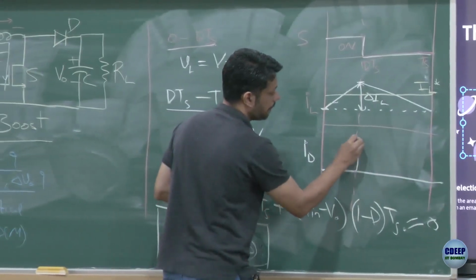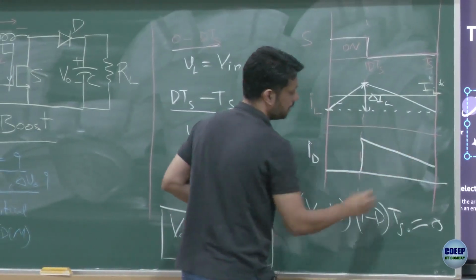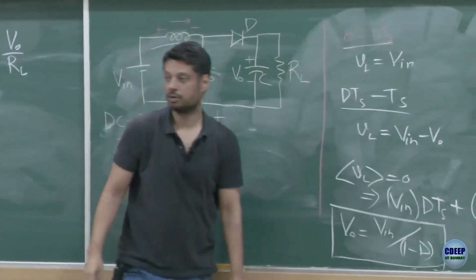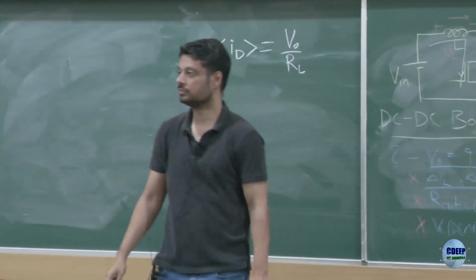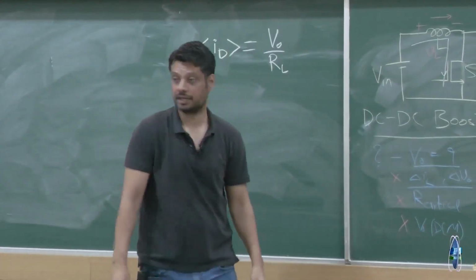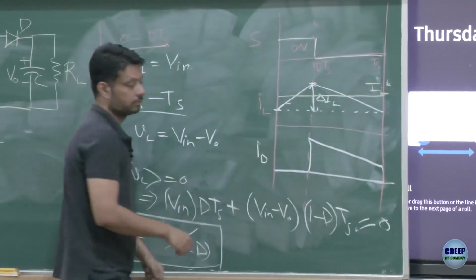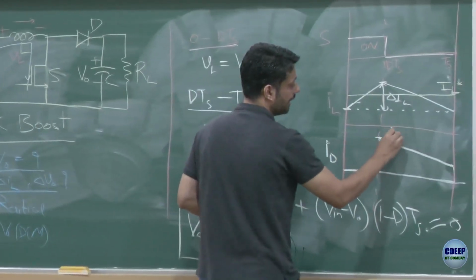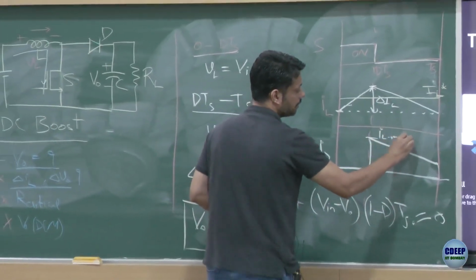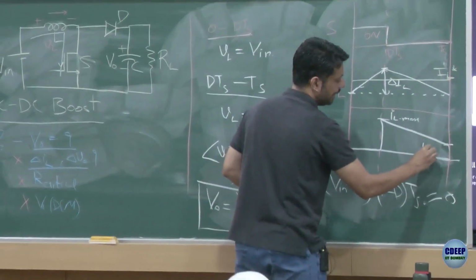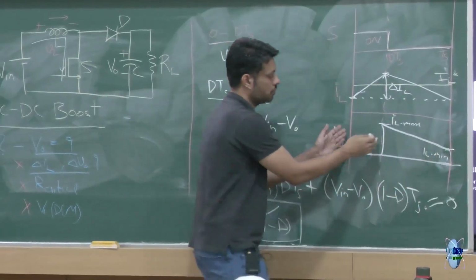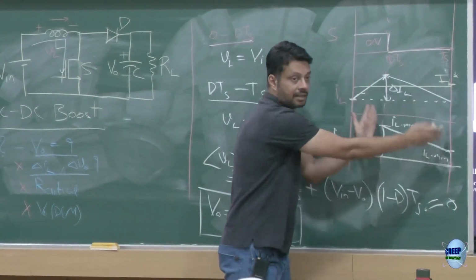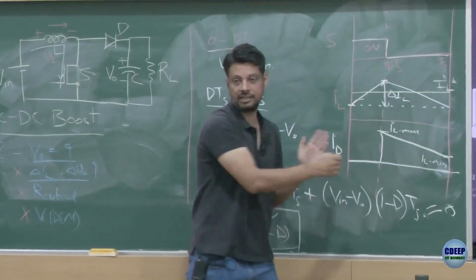So, from this waveform, this is how the diode current would look like. Is that okay? Where this is the IL max, this is the IL min, and this current is exactly the same as the inductor current, and here there is no current in the diode.